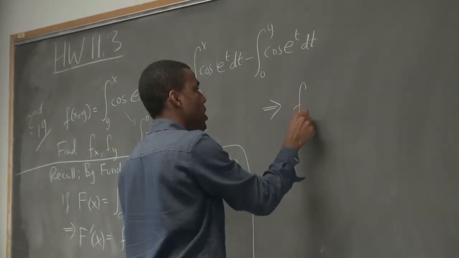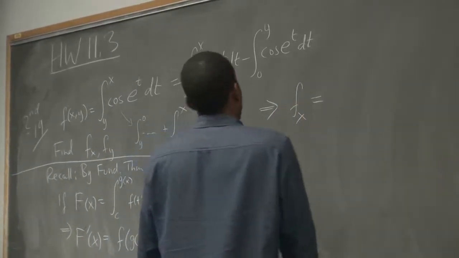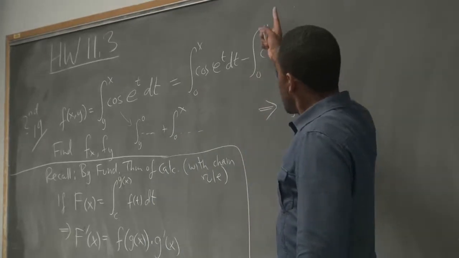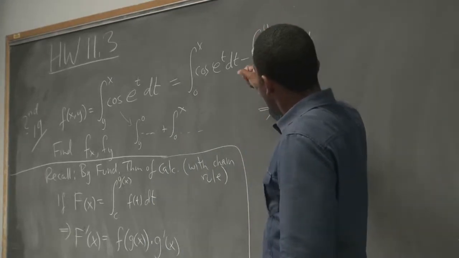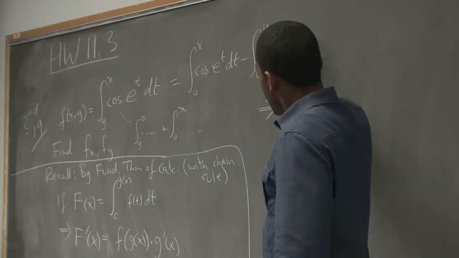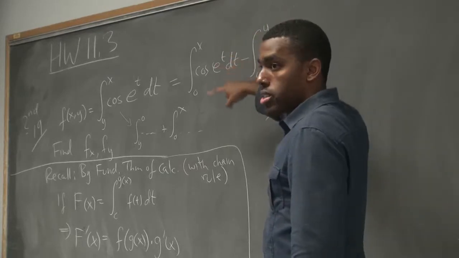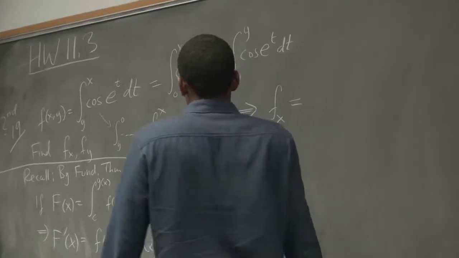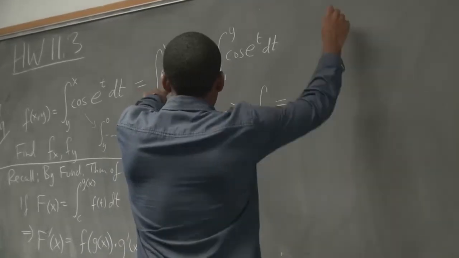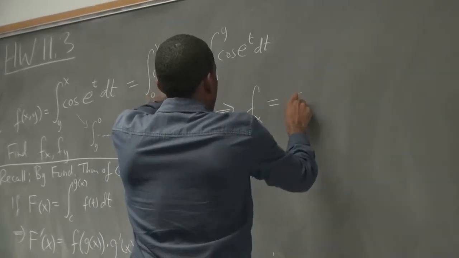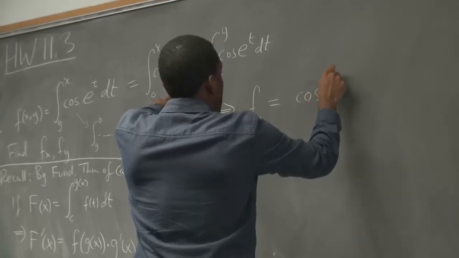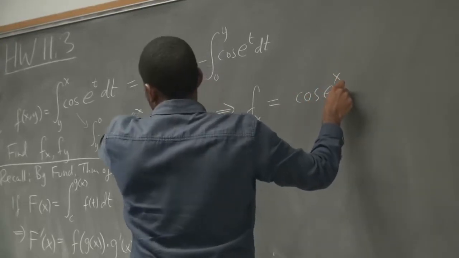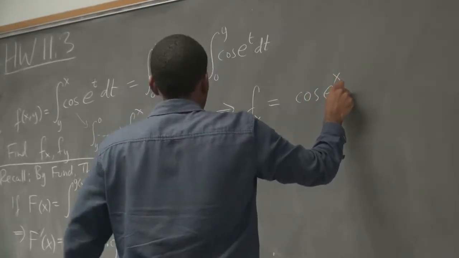So the partial with respect to x would be, if we start differentiating, this is actually going to be a function of y, so you can sort of ignore it. So here, this would actually be given by cosine e to the x times x.